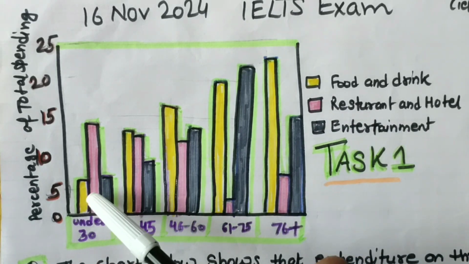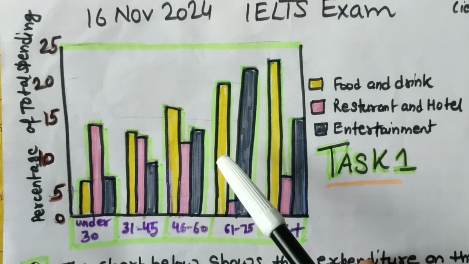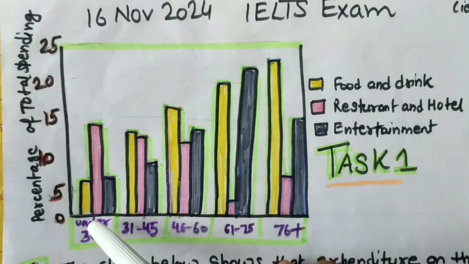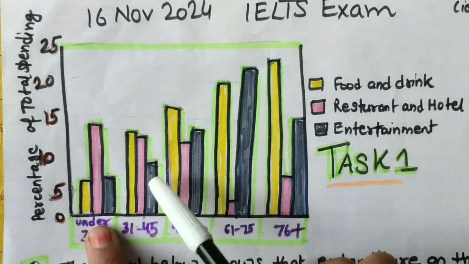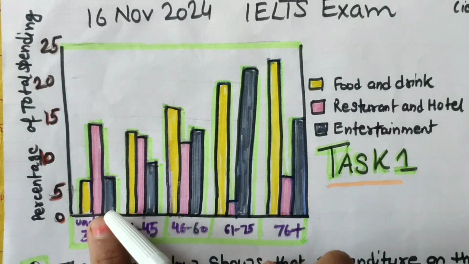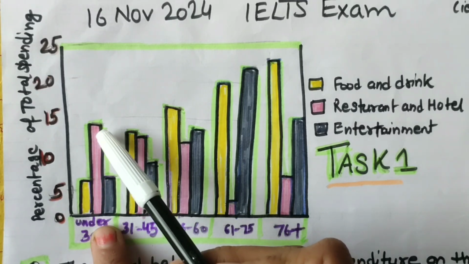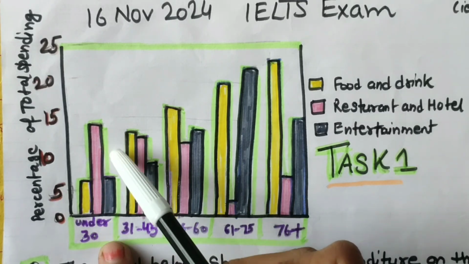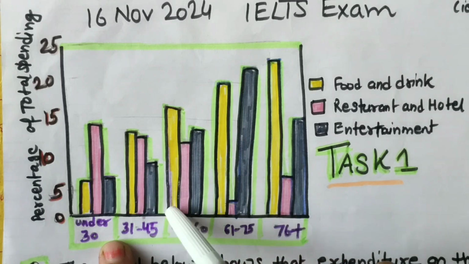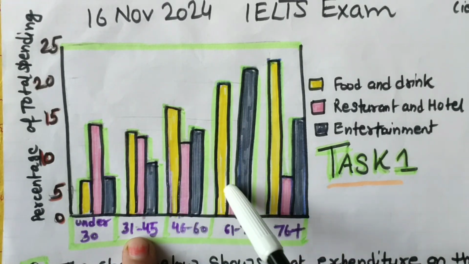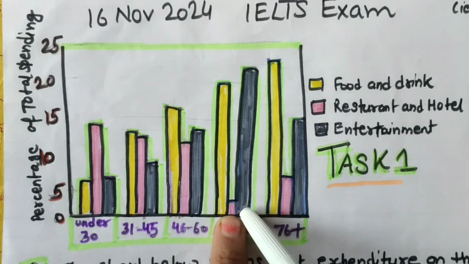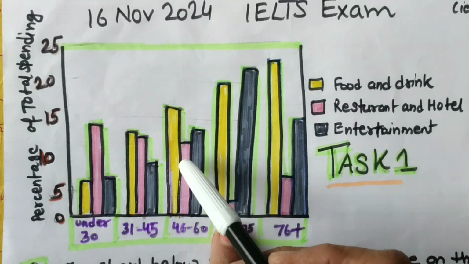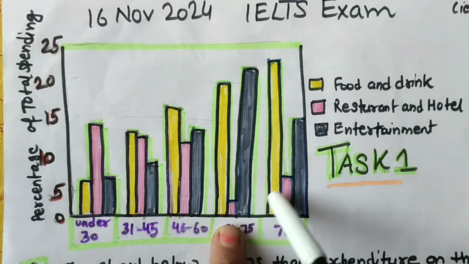So after looking at this bar graph, what I can see here is that initially the pink one was the highest, and after each age group it is going down and down. Here it is at the least, and then again rose.